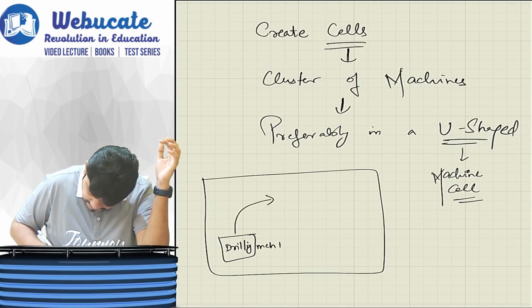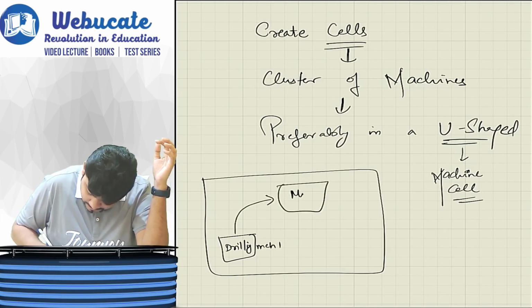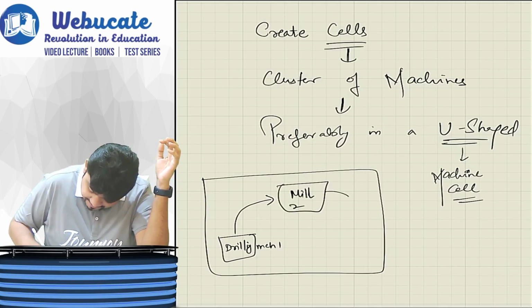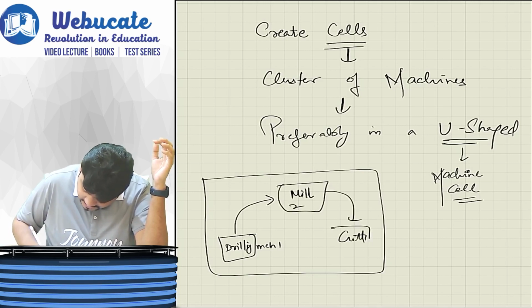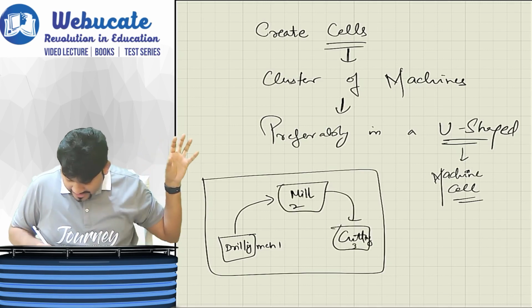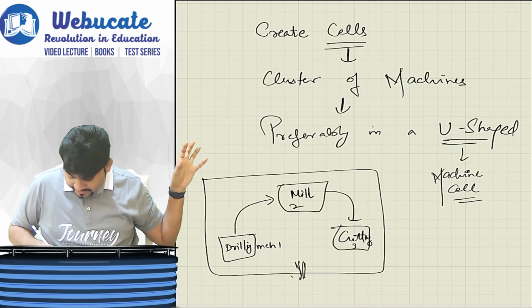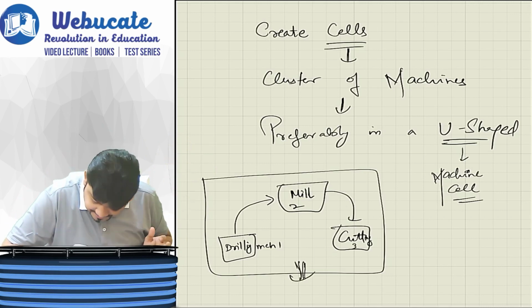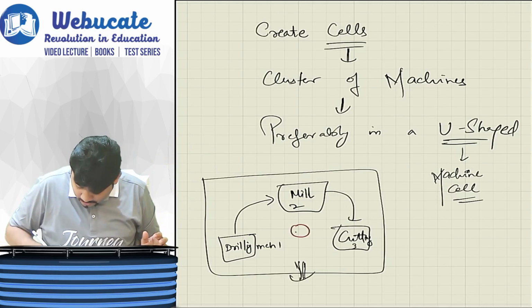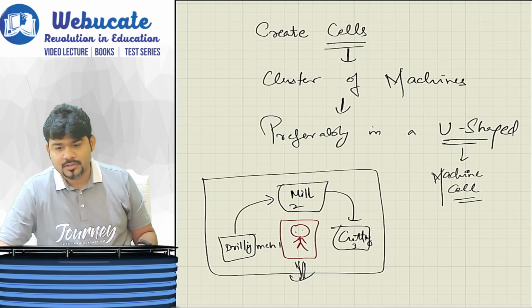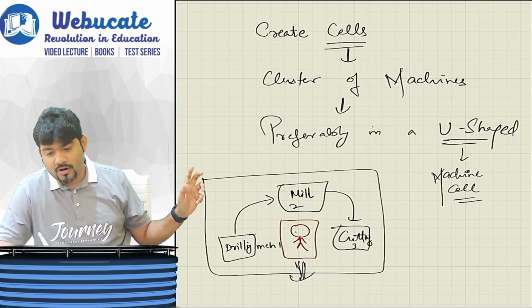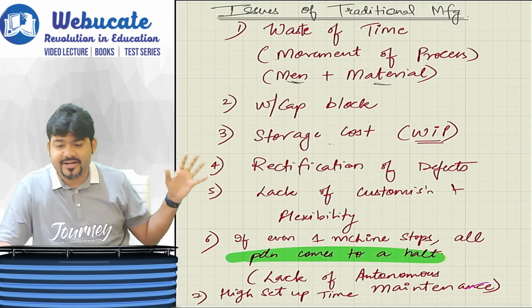Then there will be a milling machine 2. There will be a cutting department, cutting machine 3. And then obviously the assembling will follow. Plus there will be only one person who will take care of all of this. But how will this solve all your issues that were created here?